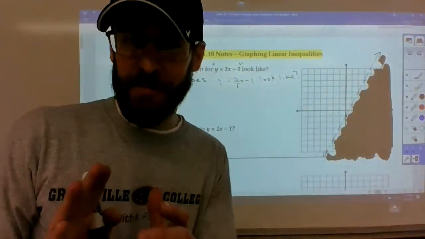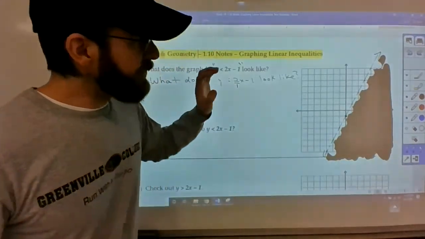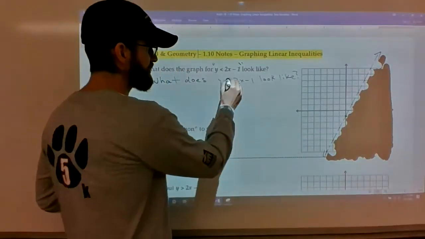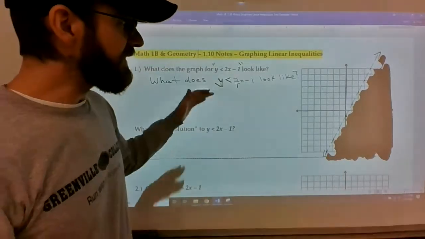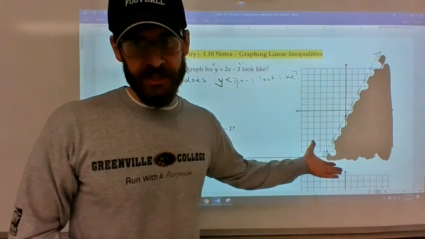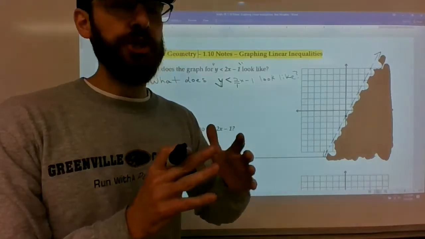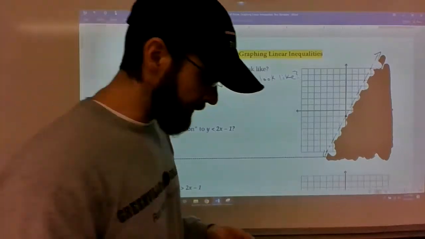I wasn't expecting to use that, but it just came to my mind that I've got that at my disposal. You have to actually create a dashed line to show that this thing is less than. All right? So the line isn't included in that shaded region. So it's kind of like an invisible boundary. And to show that it's an invisible boundary, we dash it.